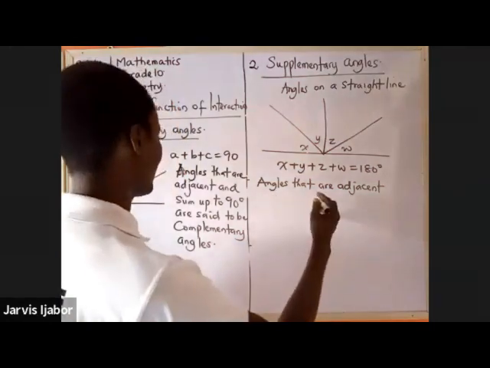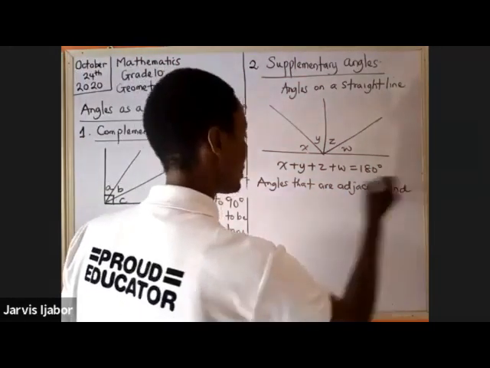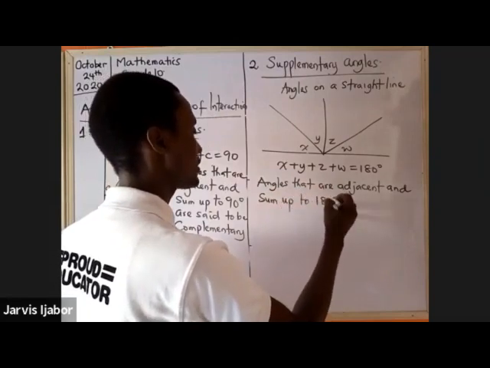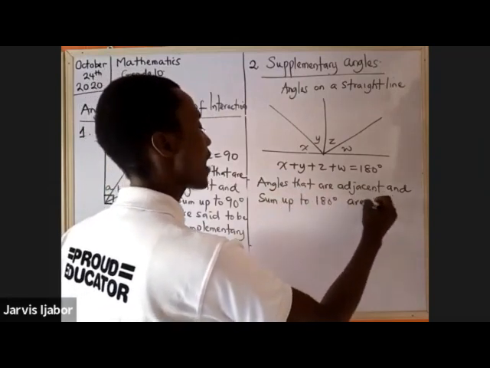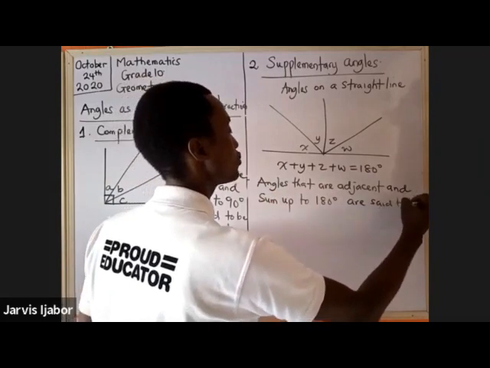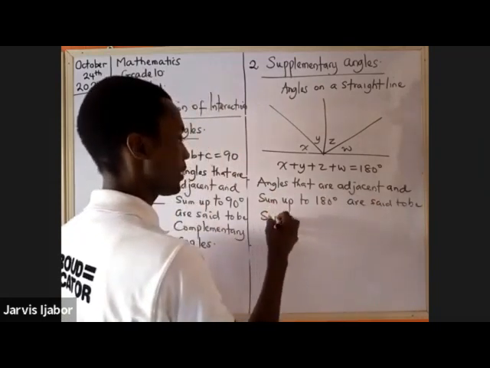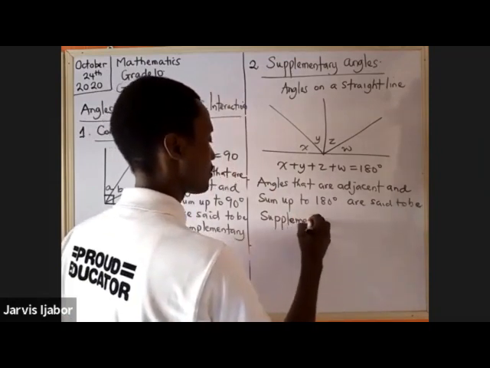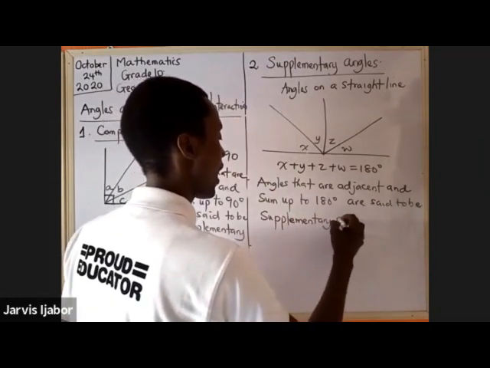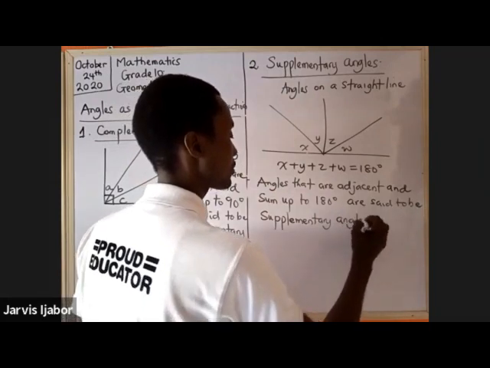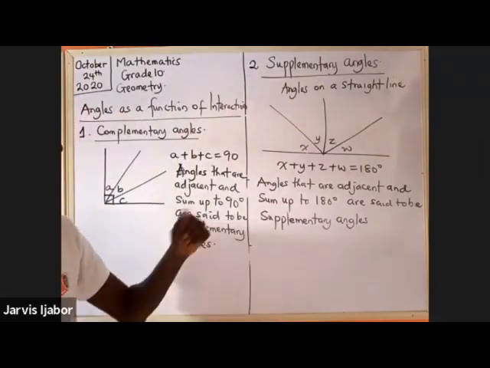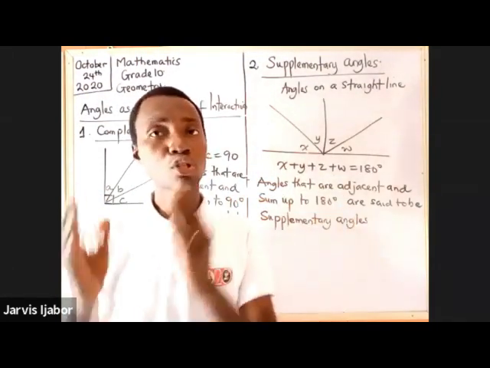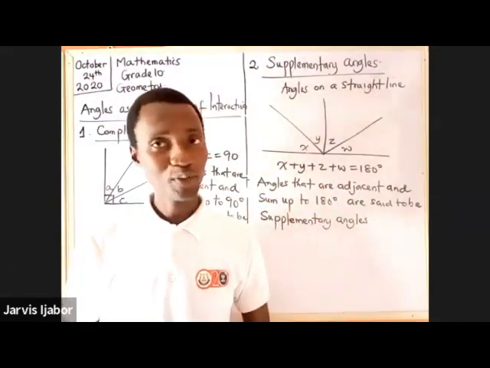Angles that are adjacent and sum up to 180 degrees are said to be supplementary angles. So angles that sum up to 180 degrees, lying side by side, are said to be supplementary angles. Please take note of this.